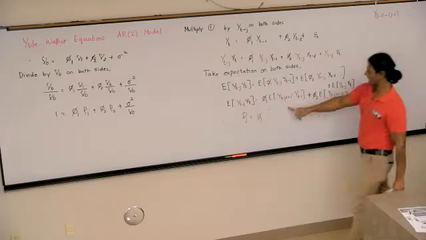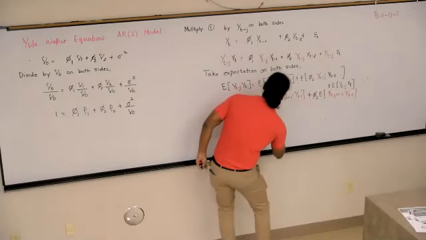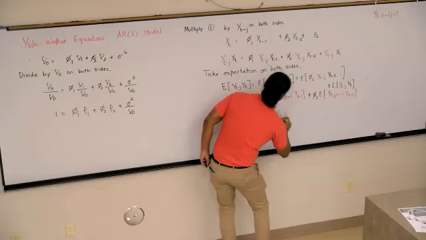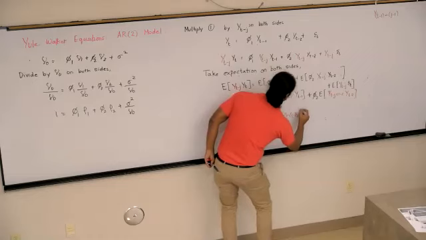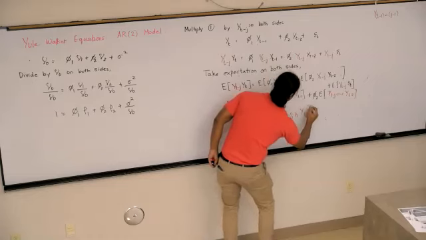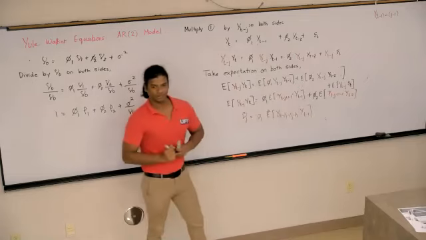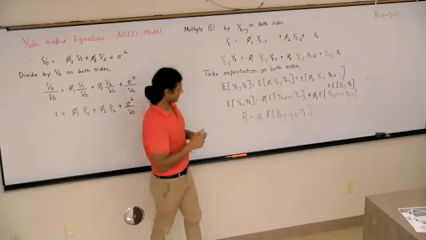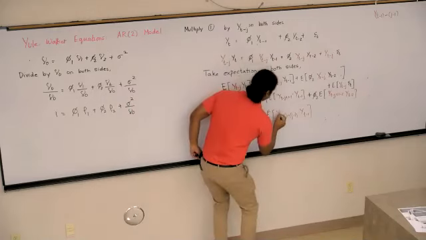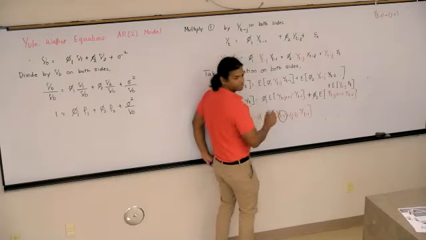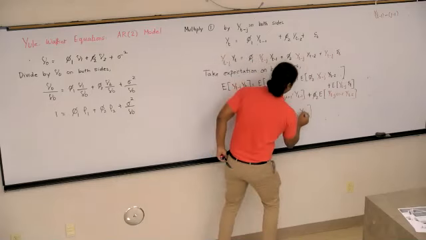So that would reduce to expectation y t minus 1 minus j minus 1, y t minus 1. Did I get the time indices to match here so I can make a substitution?